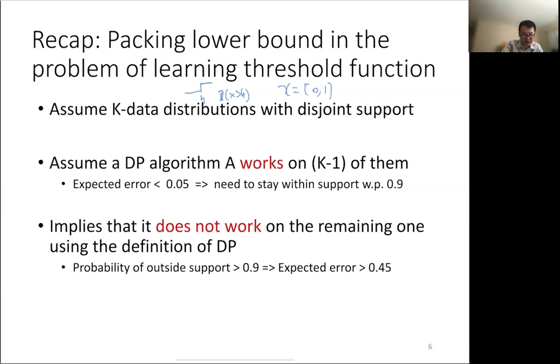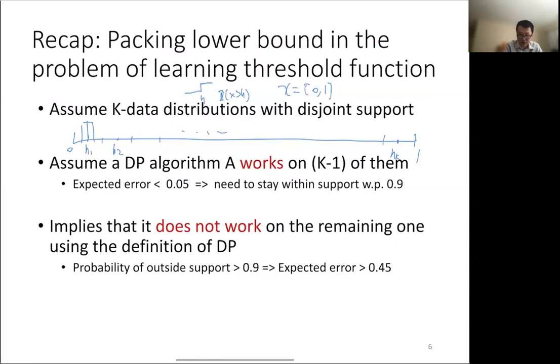So now let's try defining k distributions on disjoint supports. Let's say that we partition this 0 to 1 line segment into k disjoint regions, and at the center point of each region, we can define h1, h2, all the way to hk, right? And we say that the distribution centers around each one of these hi.